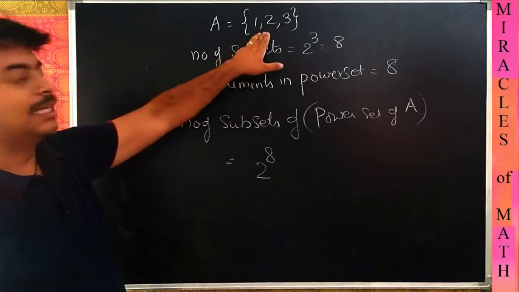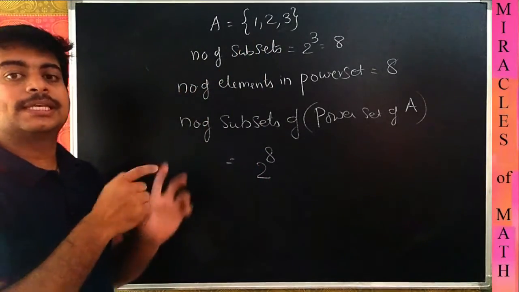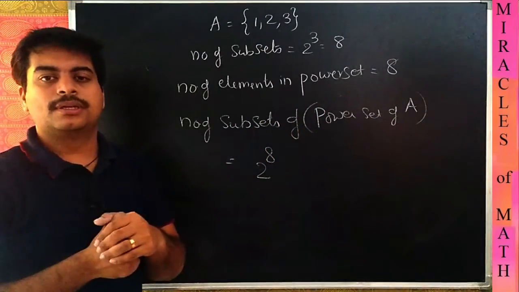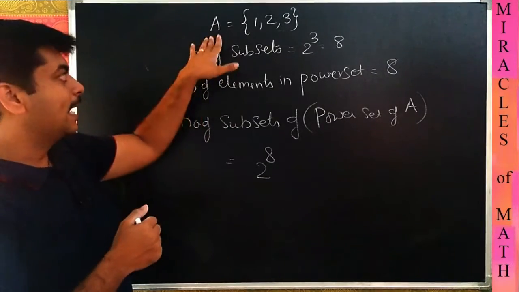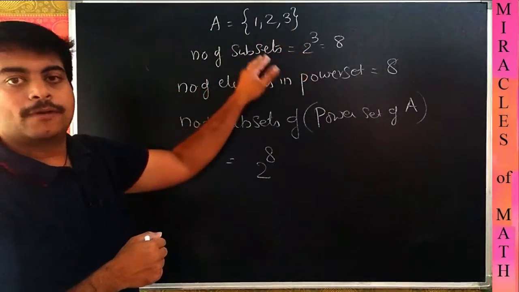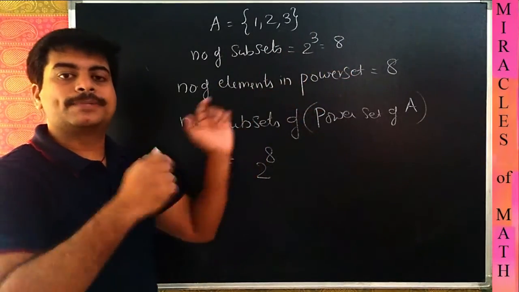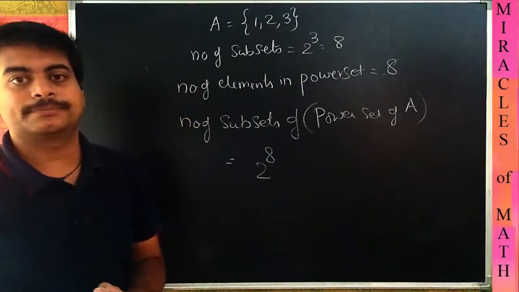You just have 3 elements, but you have 2 power 8 subsets for the power set. Are you understanding this? It's very easy. List out stepwise. A has 3 elements, the number of subsets is 8, so the power set will have 8 elements. The number of subsets of that power set, as we have 8 elements, is 2 power 8.